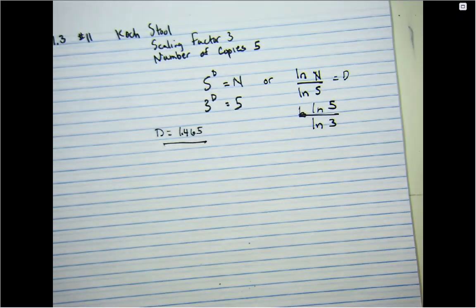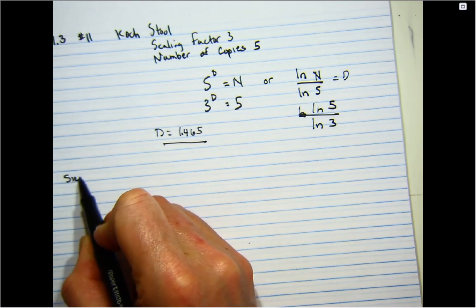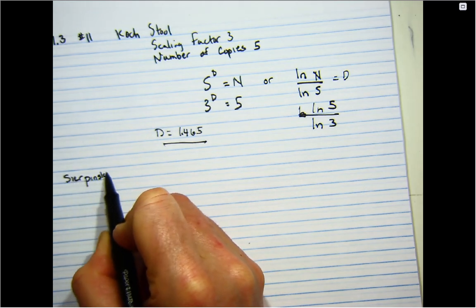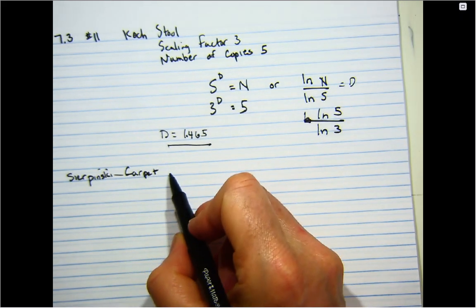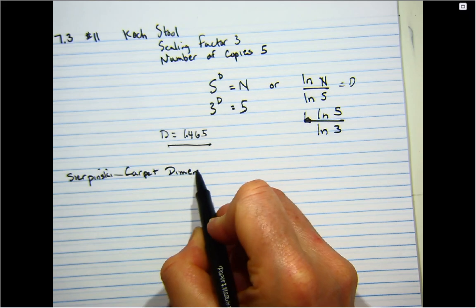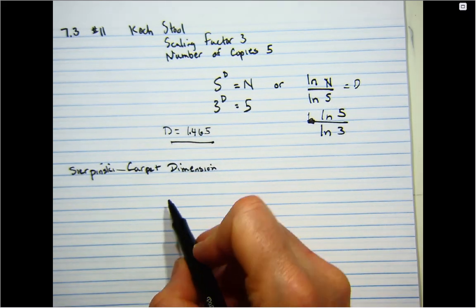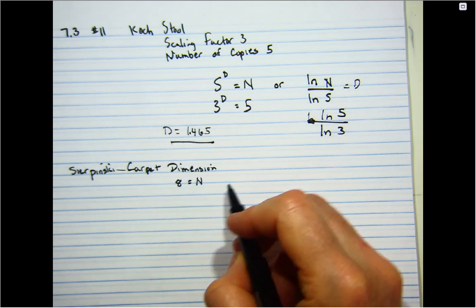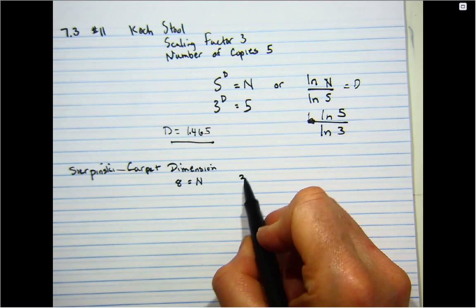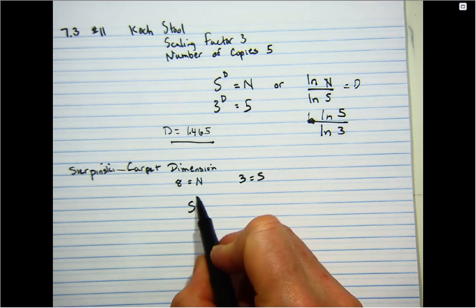So let's see what the dimension is here. For the Sierpinski carpet dimension, we have 8 copies. So 8 is n, the number of copies. 3 is the scaling factor. The large carpet is 3 times as large as the little one. We have s to the d is n.